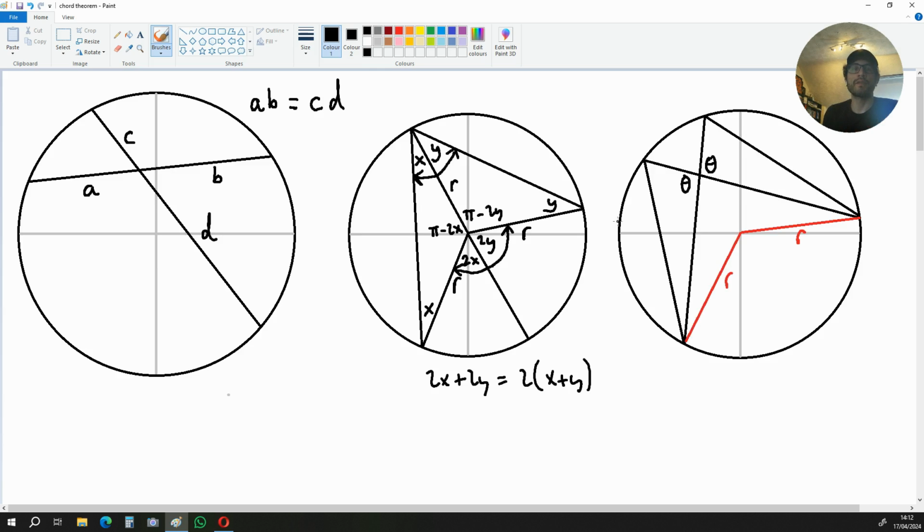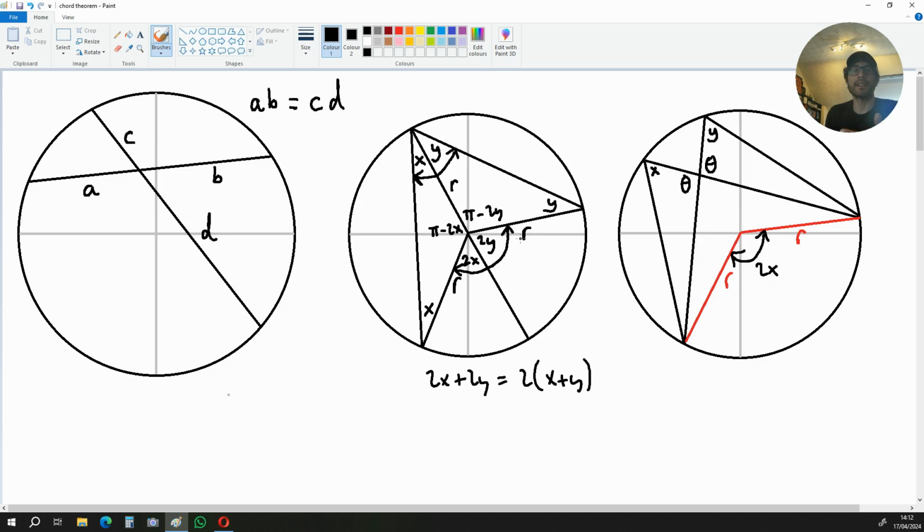Now the second part of our proof is showing that these two triangles over here have similar angles. So let's call the angle up here x, and let's call the angle up here y. Now they may look different, but it turns out that they are the same. It's because this angle over here is 2x.